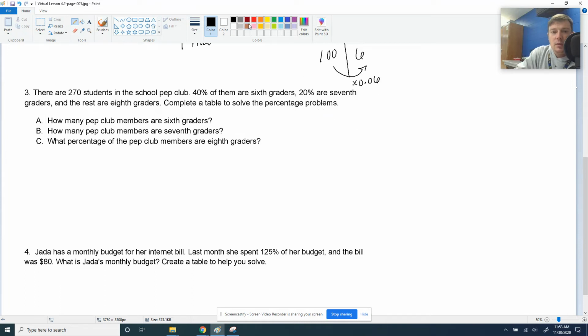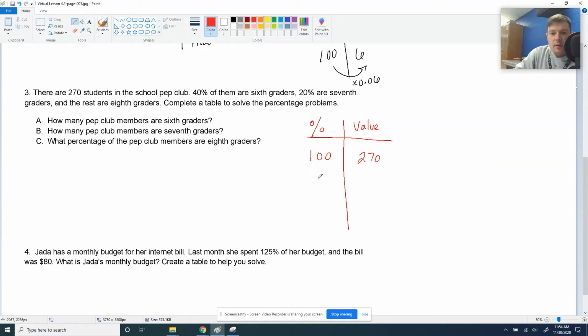All right, so let's make a table for this. We have our percentage over here. We have our value over here. We know that there are 270 in the entire building. That would be 100% of everybody.